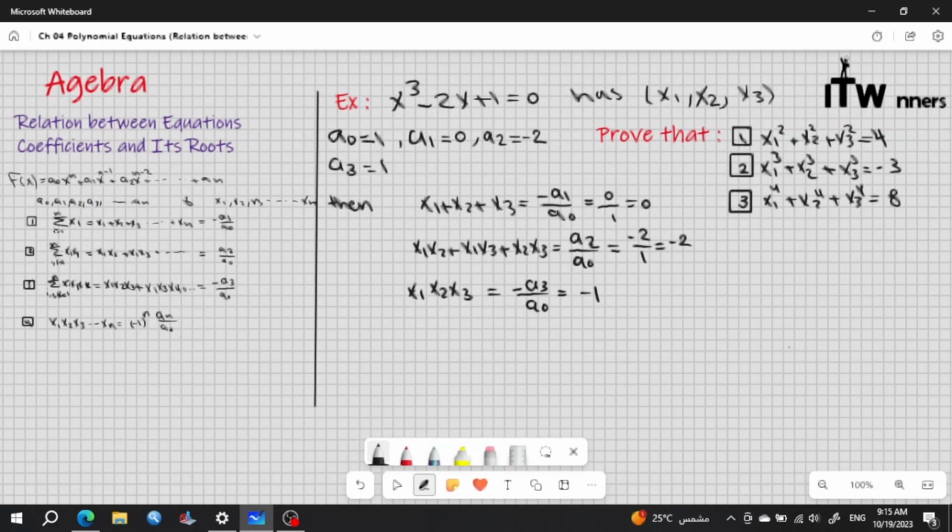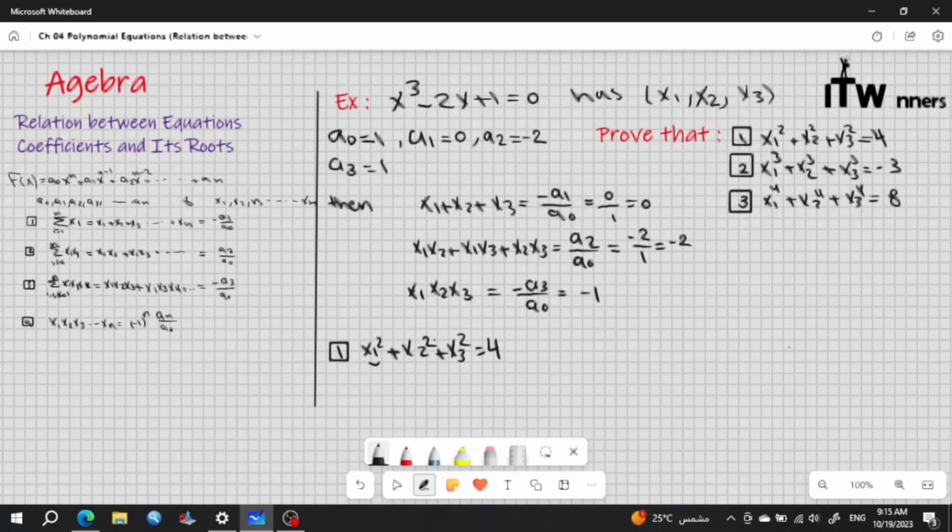Okay, so let's start with the first one. We have to prove that x1 squared plus x2 squared plus x3 squared equals 4.